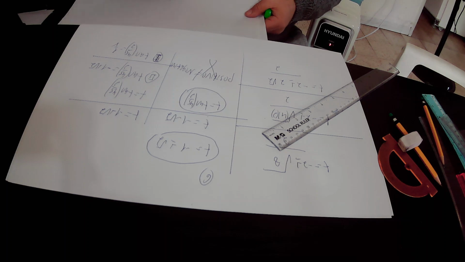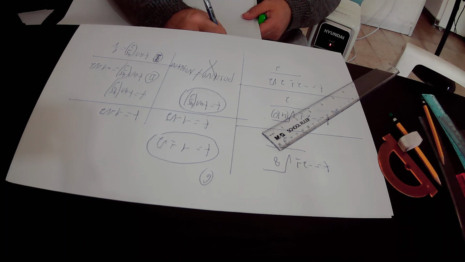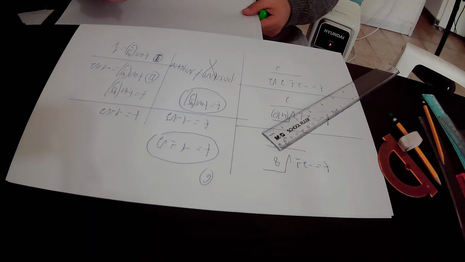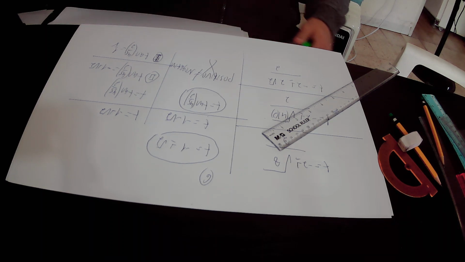In the next step, we create equation number 3. It states that we have two expressions for tangent 45 over 2 degrees.